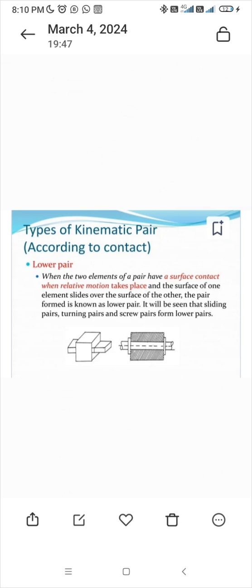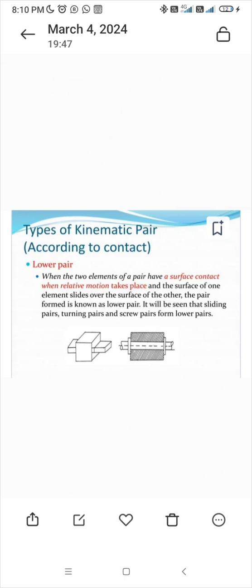Practical examples: nut and bolt, ball and socket joints, shaft rotating in bearings, piston reciprocating in a cylinder. These are all sliding and surface contact, so we can say it is a lower pair.